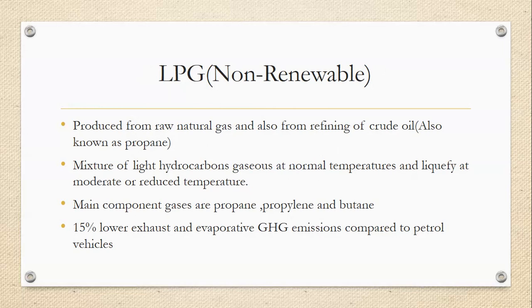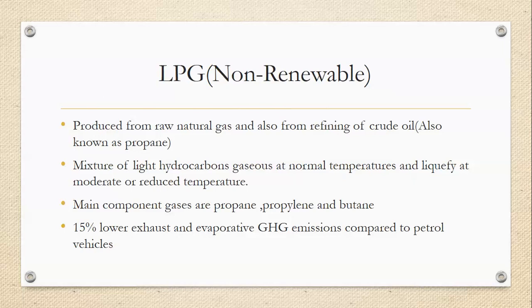First of all, we can see about the alternative fuel which is non-renewable, liquefied petroleum gas. This liquefied petroleum gas is produced from raw natural gas and also from refining of crude oil. It is also known as propane. Mixture of light hydrocarbons, gaseous at normal temperatures, and liquefy at moderate or reduced temperature.